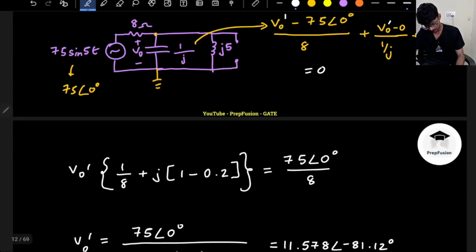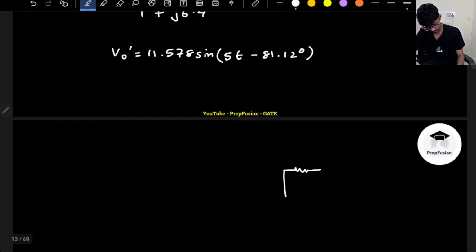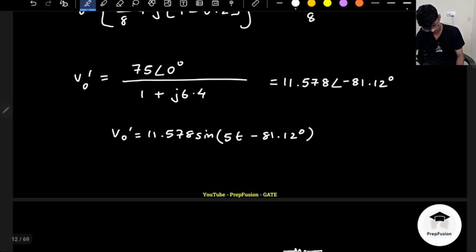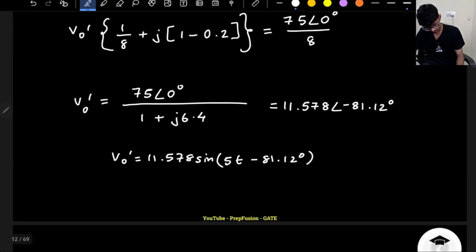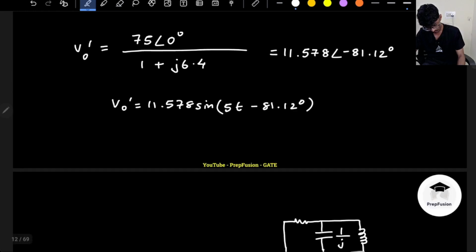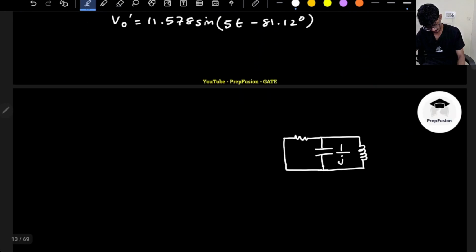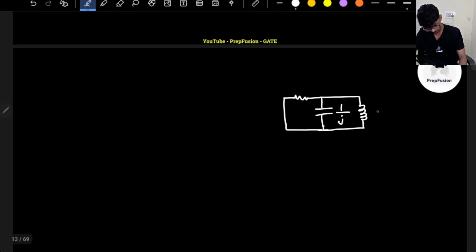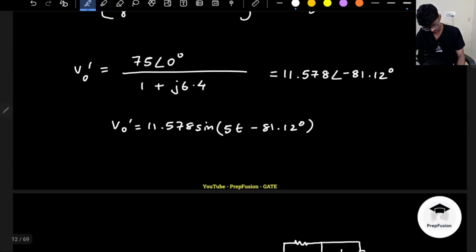This will be the resistor. This will be the 1 by j impedance, and this will be the inductor, like L. L is here, so this is the j here, and R is here.